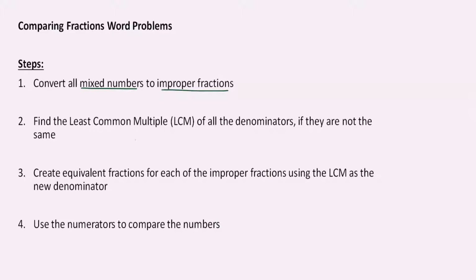And if you have fractions that have different denominators, you want to get the least common multiple of those denominators and then create equivalent fractions, whether improper or proper, with common denominators so you can use the numerators to compare the value of those fractions. So now we're going to look at some examples together.